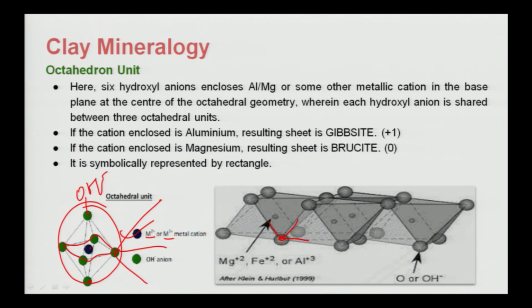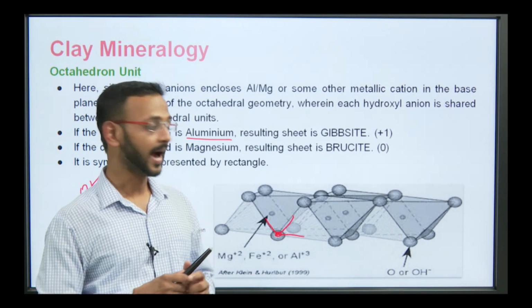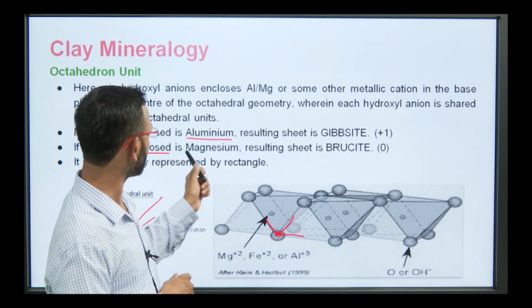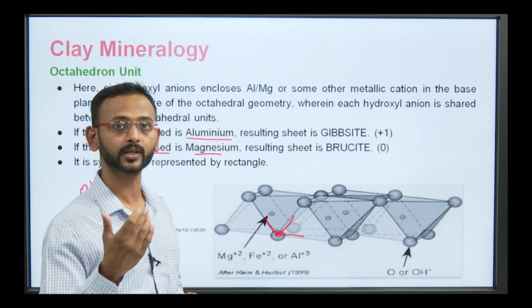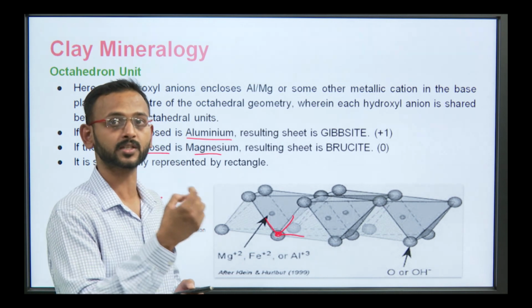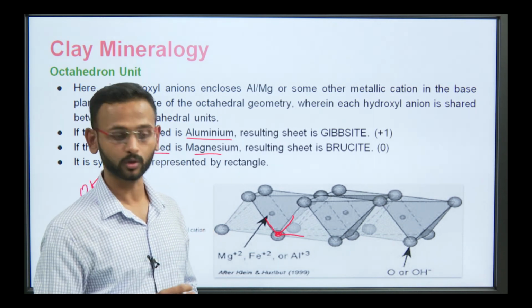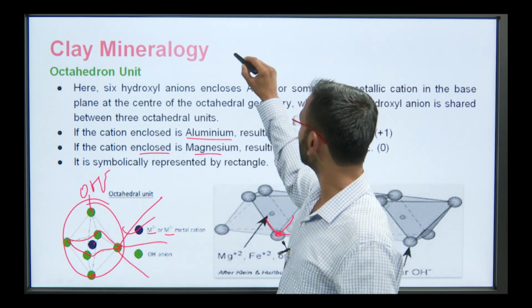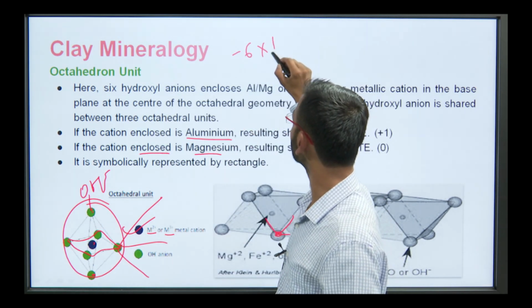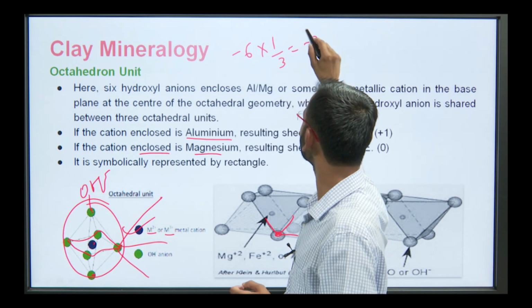See here that when we are talking about this, if the cation enclosed is aluminium, the resulting sheet will be gibbsite, and if the cation enclosed is magnesium, the resulting sheet is brucite. So, what are their characteristics, how the charge is plus 1 or 0? See here that when we are saying that 6 hydroxyl ions are shared between 3 units, it will be having a minus 3 charge.